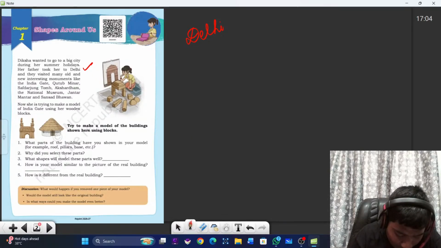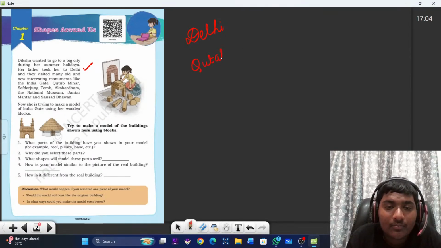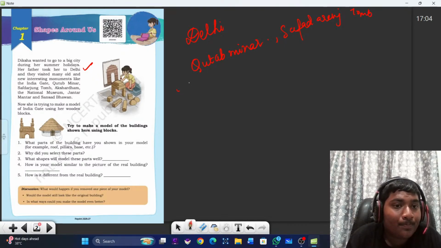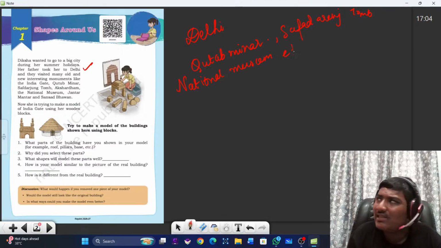Now I'm going to write the things that she visited during summer vacation: Qutub Minar, as well as Safdarjung Tomb, and also the National Museum. They visited the National Museum. All the things that she has visited.